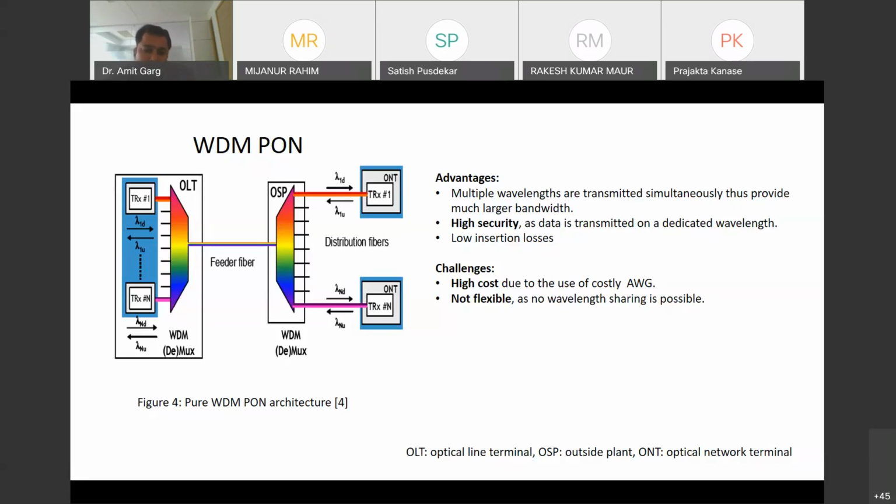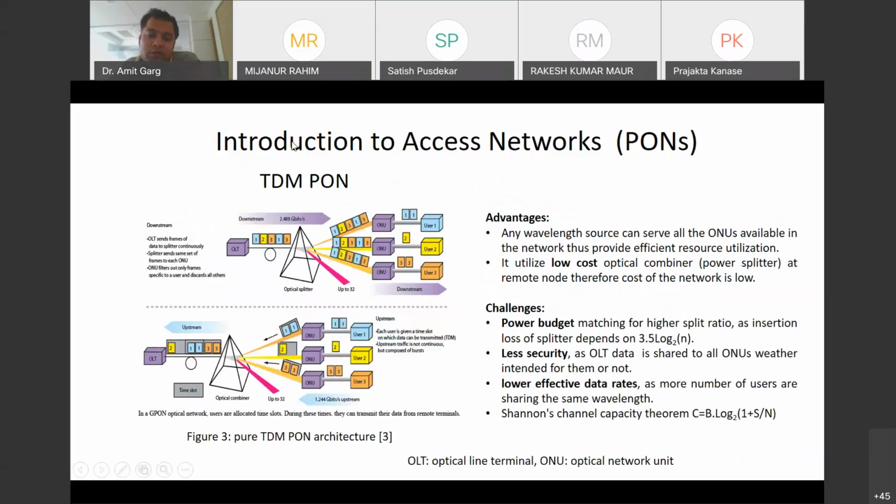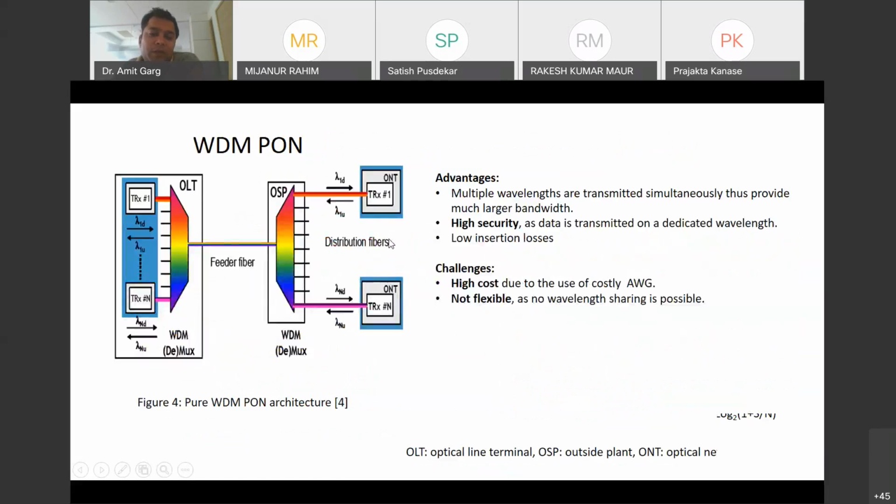But definitely the challenges are the high cost and that it is not flexible. Flexible means, suppose we are transmitting 2 wavelengths in the earlier case, so 2 wavelengths are reaching all the users. And if one transmitter fails, then these users will receive the data transmitted at the alternative wavelength. But in this case, it is static.